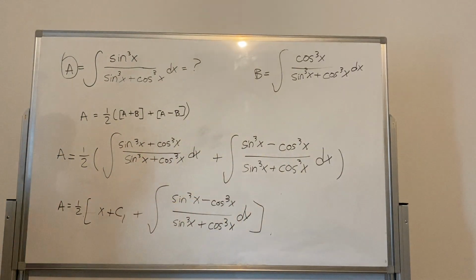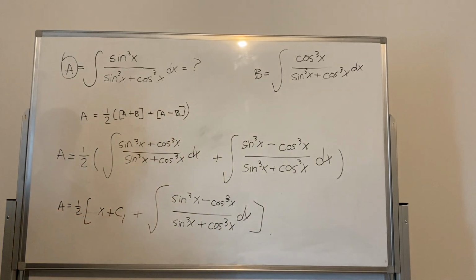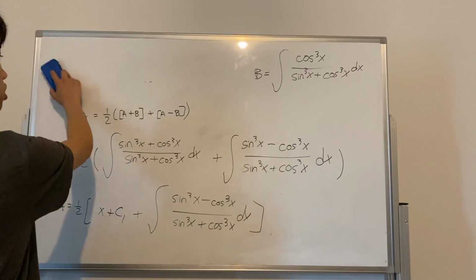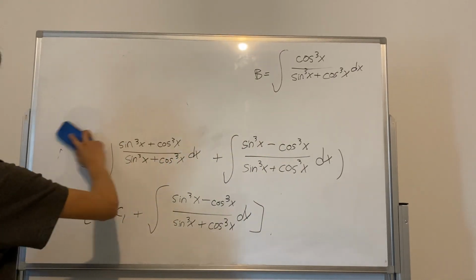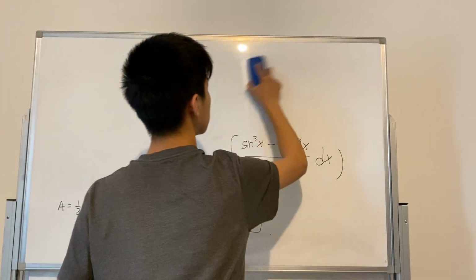So now the question is, how do we evaluate this expression? Because this expression is a bit harder to do than this one, obviously. We'll use one technique to find it.